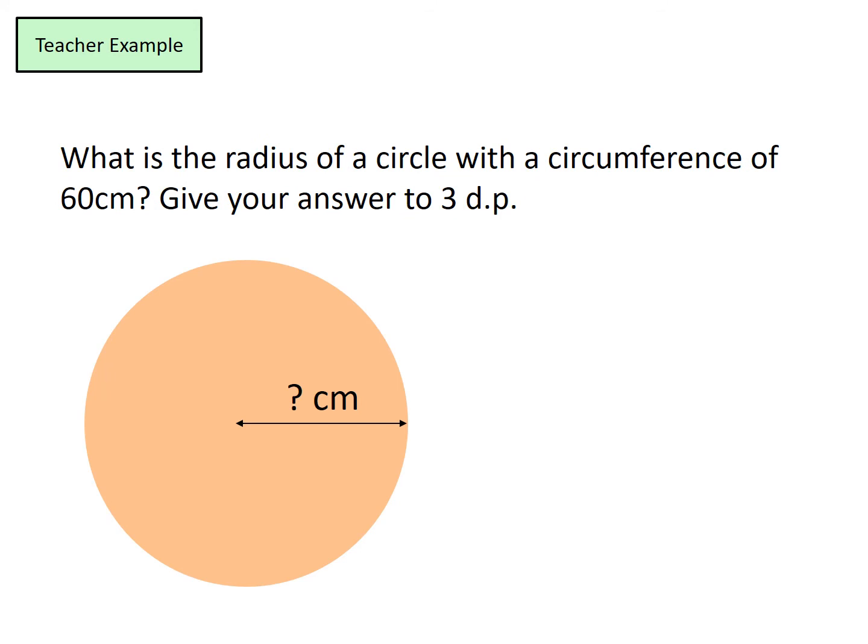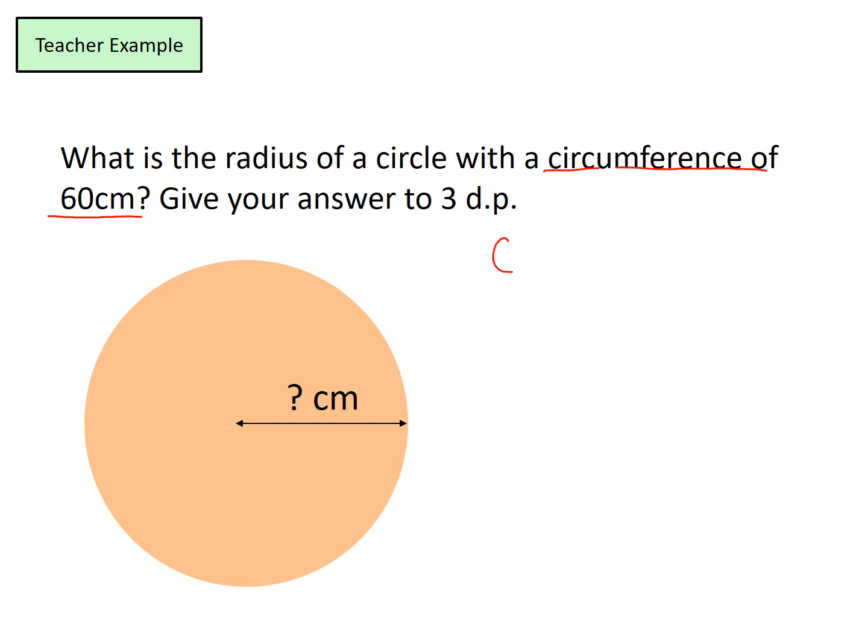What is the radius of a circle with a circumference of 60 centimeters to 3 decimal places? In this question, we're trying to find out what the radius is. The circumference is already given to us as 60 centimeters.